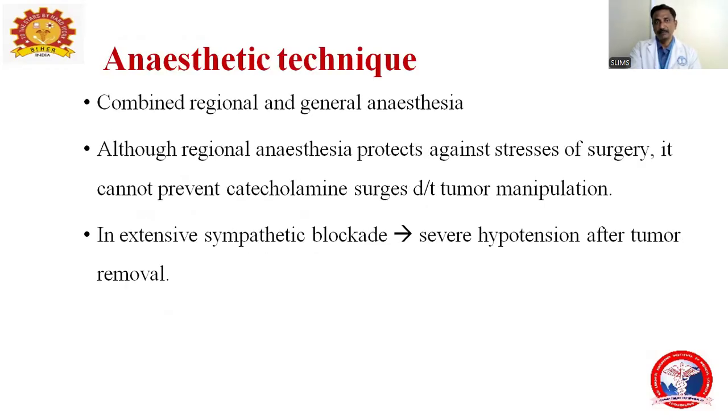Anesthetic technique of combined regional and general anesthesia is preferred in pheochromocytoma surgery. Although regional anesthesia protects against stress of surgery, it cannot prevent catecholamine surge due to tumor manipulation. Due to extensive sympathetic block produced by regional anesthesia, severe hypertension can occur during tumor removal.